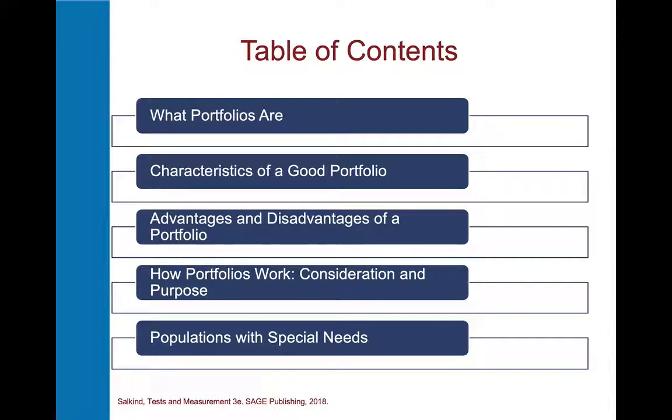And then the general purpose as to why we do portfolios in the first place. And then there's a special section on populations with special needs and about how portfolios a lot of times can be a pretty good way of assessing the progress and outcomes of students with diverse needs.